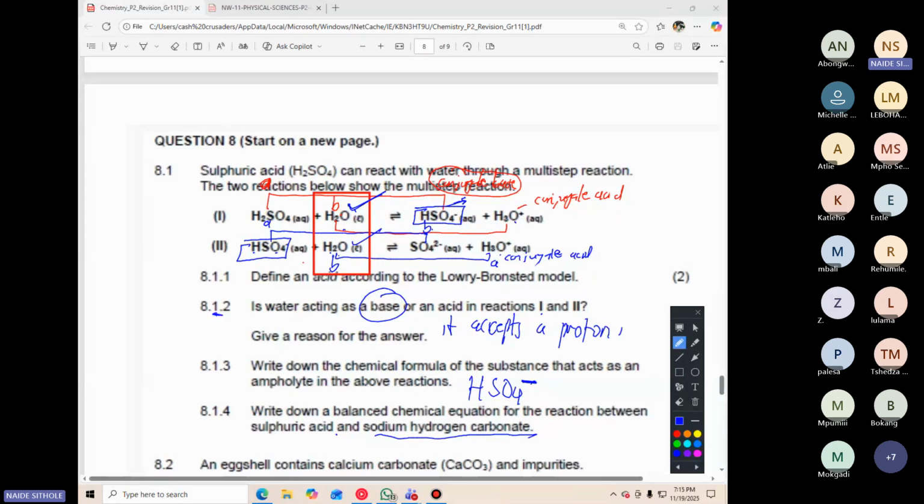So obviously this one becomes a challenge if you don't know the chemical formula for sodium hydrogen carbonate, right? Sodium hydrogen carbonate, this is a carbonate, this is a hydrogen, this is a sodium. Sulfuric acid, we all know, H2SO4, right? So that means what must you have?